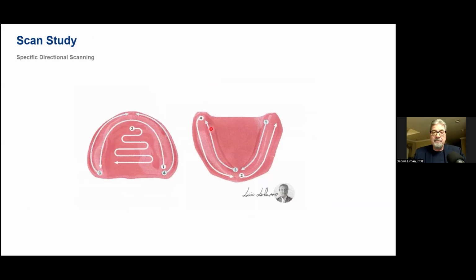And on the lower, he went from the retromolar pad all the way to midline, and then went back on the periphery on the buccal side. And he did the same thing on the other side. Dr. LaRusso has had so much success with scanning intraorally with fully edentulous cases.